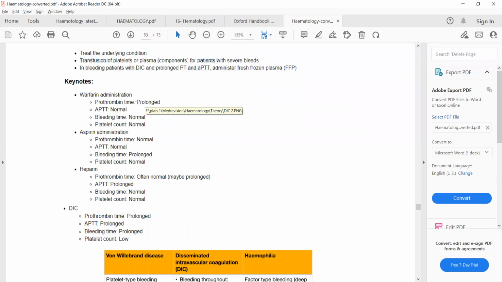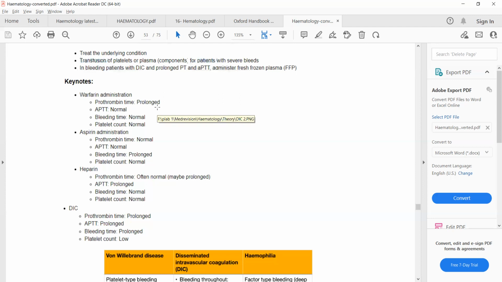They are monitored through PT or INR. What is INR? International Normalized Ratio. INR is basically the ratio of the patient's PT to the normal PT. So in warfarin administration, PT will be prolonged.